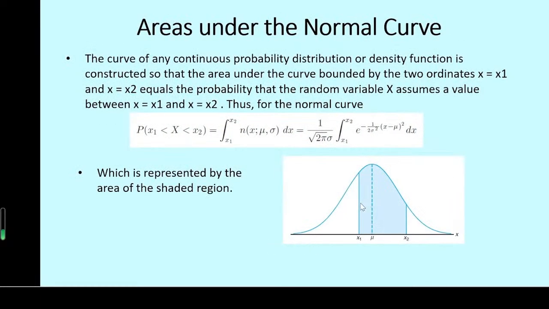Any area, for example the shaded area under the normal density curve, represents the probability that the random variable is between x1 and x2. Its form is the integral of the density curve over dx with the lower bound x1 and the upper bound x2.